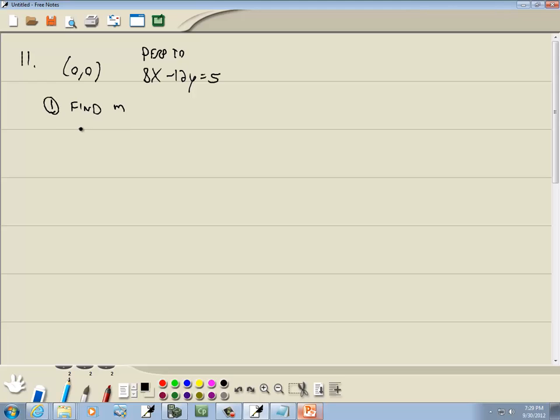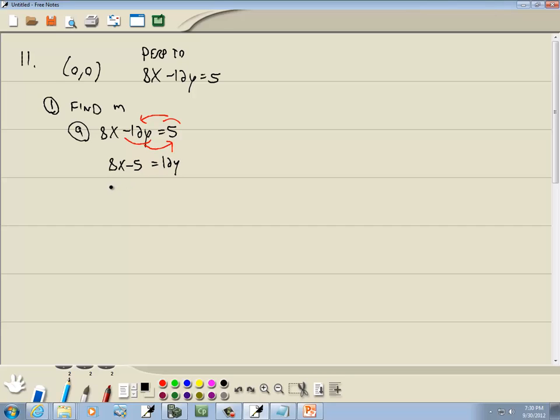Find m. Then the first sub-step within that is to write the given line in slope-intercept form. So we want to solve for y. I'll take the -12y to the right side, and take the 5 to the left. So we got 8x minus 5 is equal to 12y.